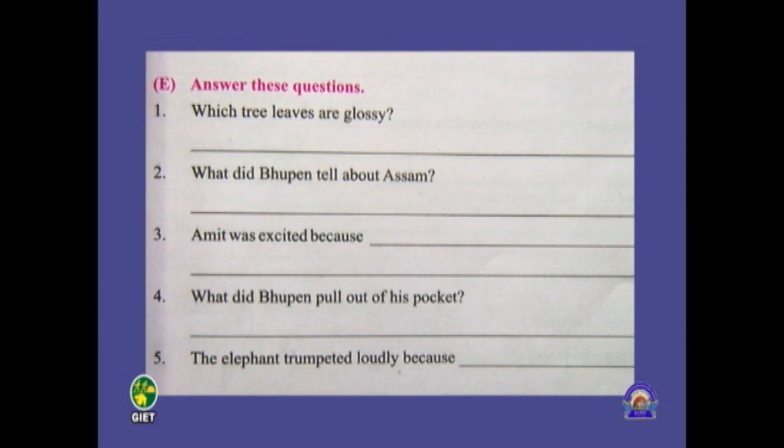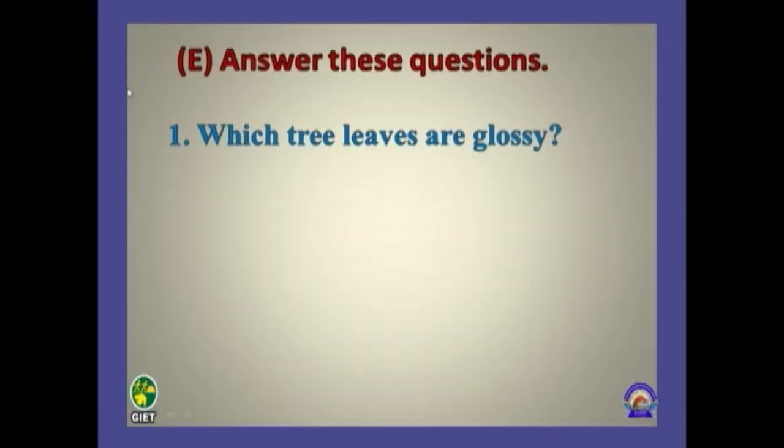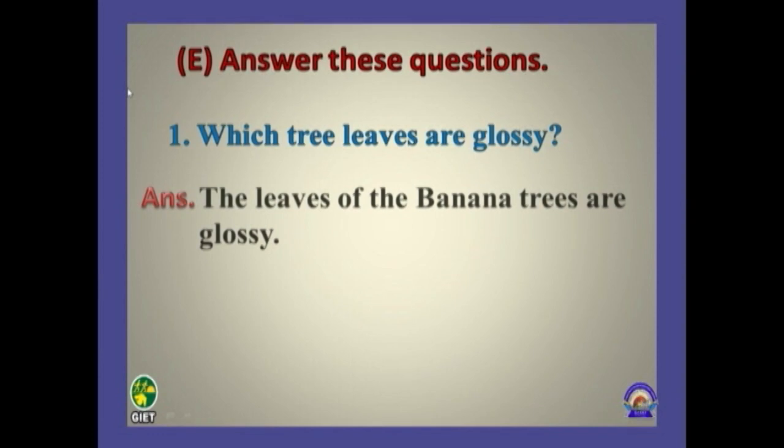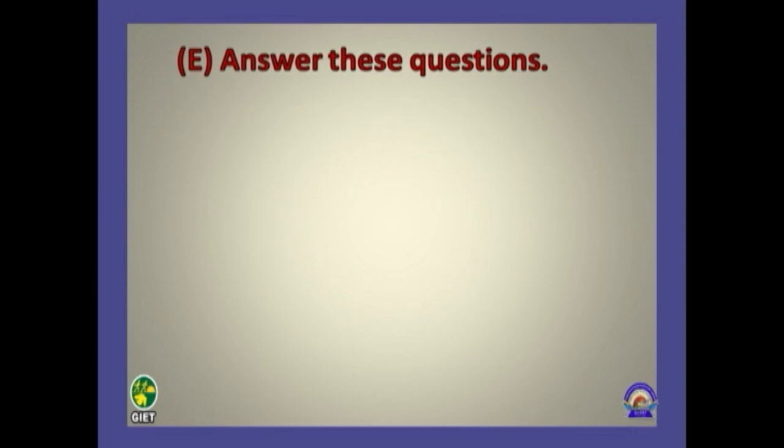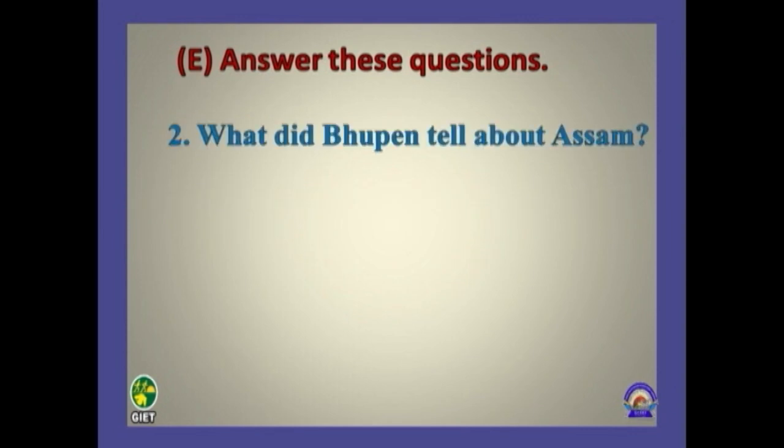So, students, now activity 6E. On page number 33, answer these questions. First, which tree leaves are glossy? Answer is the leaves of the banana trees are glossy. Second, what did Bhupen tell about Assam?